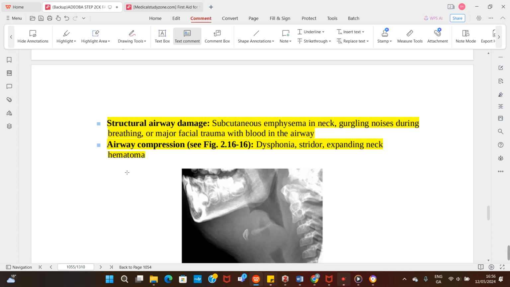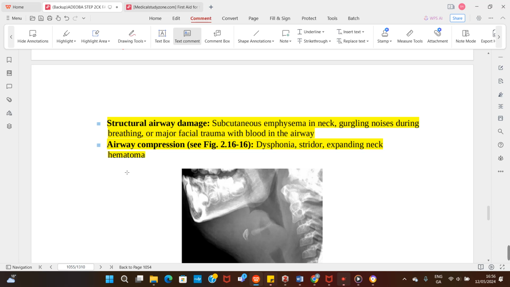The hematoma can easily compress the trachea, and of course, it's going to obliterate the diameter, the lumen of the airway. So we are going to see difficulty of air entry into the airway. The patient will start presenting with hoarseness of voice, right? Dysphonia, like stridor, due to the upper airway obstruction.